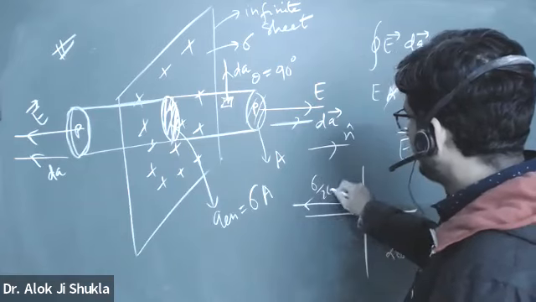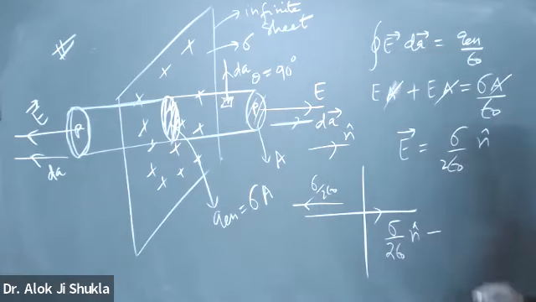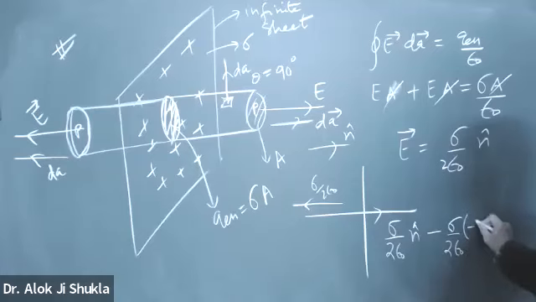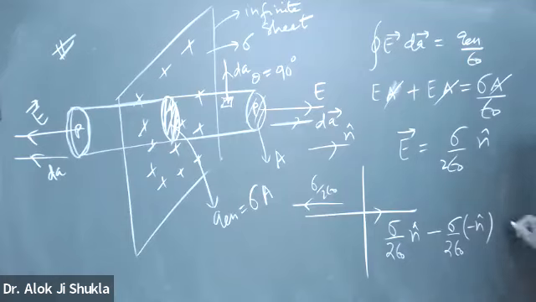Sigma by 2 epsilon naught. है इधर या नहीं? Yes, sir. So if this is the n cap direction, I will have to write it as minus sigma by 2 epsilon naught minus n cap. Yes or no? Yes. And this will be equal to sigma by epsilon naught. You know that. So sigma by epsilon naught is equal to sigma by epsilon naught.